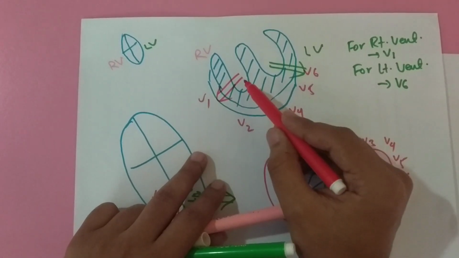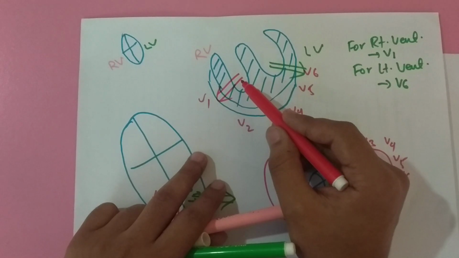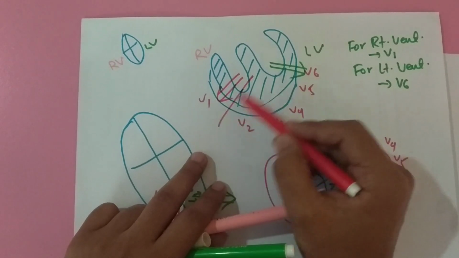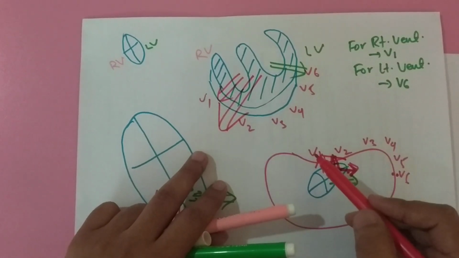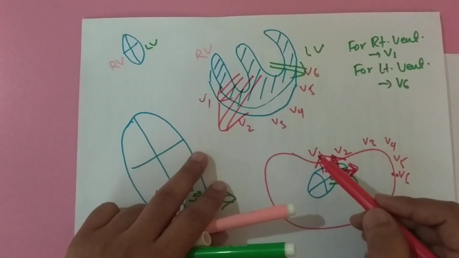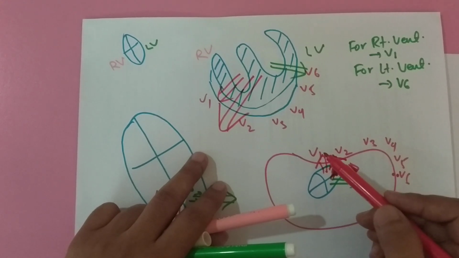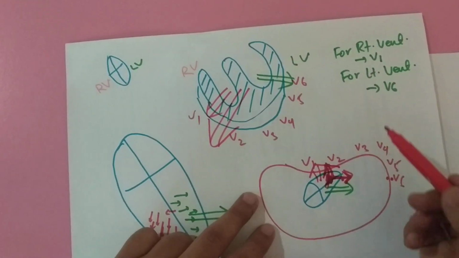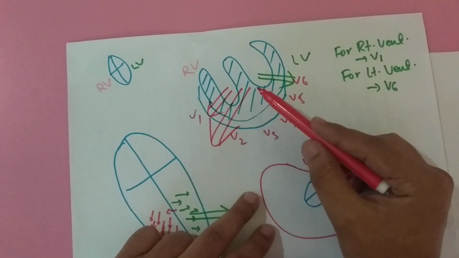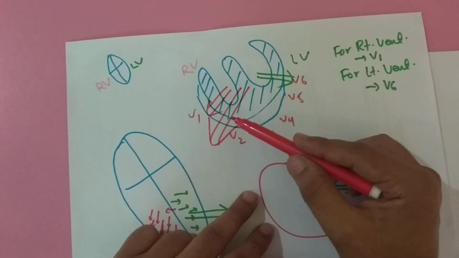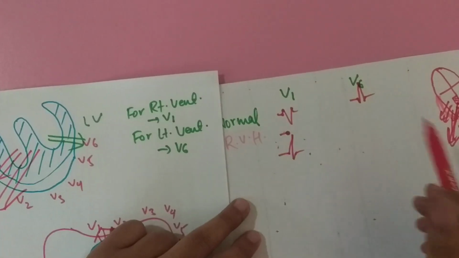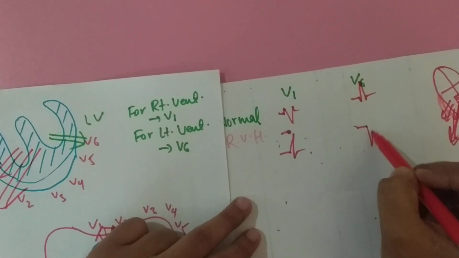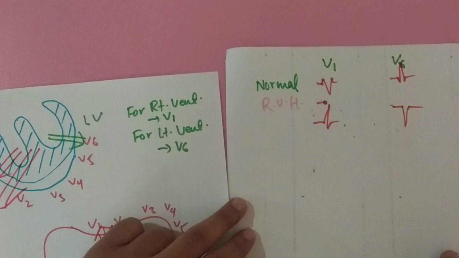You see here, this is your right ventricle. When it gets hypertrophied, the resultant vector will be somehow like this, shifting towards the V1 side. So V1 will be picking up a greater magnitude of positive deflection than in case of V6. Now, since the resultant vector of the right ventricle is facing towards V1, the deflection in V6 will be negative. So you will be finding a negative deflection QRS complex here.